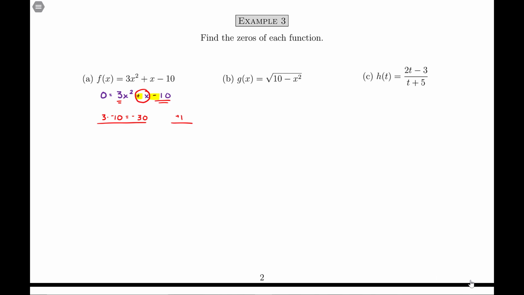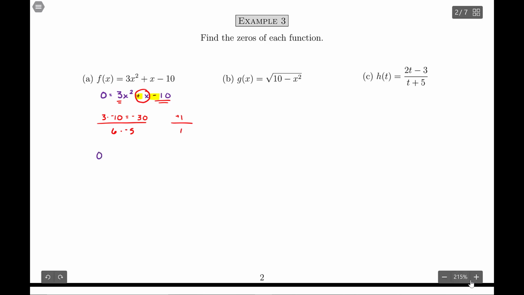So my largest value will be positive, my smaller value will have to be negative. When I think about factors of negative 30, the quickest one that comes to mind that has a difference of 1 is positive 6 times negative 5. 6 times negative 5 is negative 30. 6 plus negative 5 is positive 1. So I have found the factors that I want to work with.